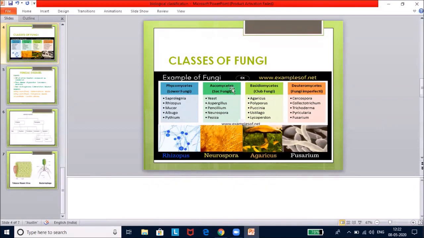Ascomycetes: yeast, Aspergillus, Penicillium, Neurospora, Peziza. Basidiomycetes: Agaricus, Polyporus, Puccinia, Ustilago, Lycoperdon. Deuteromycetes: Cercospora, Colletotrichum, Trichoderma, Pyricularia, Fusarium. This is an important slide, that's why I'm projecting it. Please make a note. They will give you these examples and ask you to identify the incorrect ones, or to which class these belong.